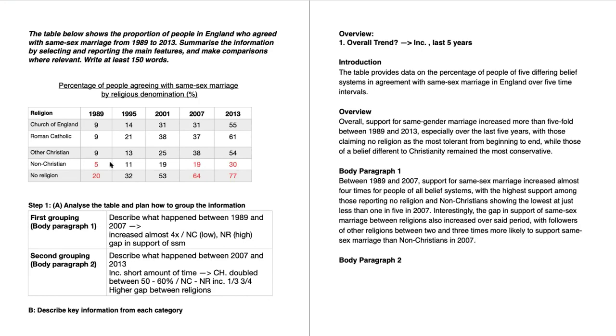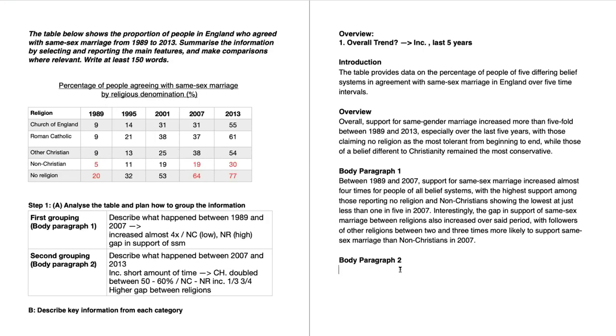And remember, this information is looking from the numbers at 1989 from Christian groups and comparing those to the numbers in 2001. So you see that these are between 2 and 3 times higher. All right, and that is exactly everything we wanted to include for body paragraph 1. We did talk about this gap between religions, which increased. And so we're ready to go to body paragraph 2.